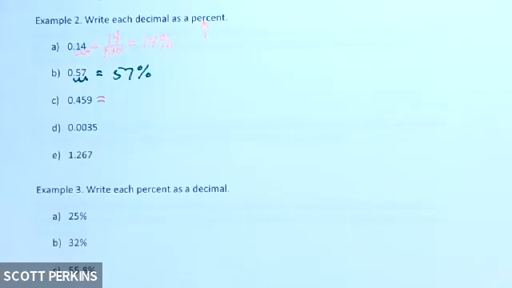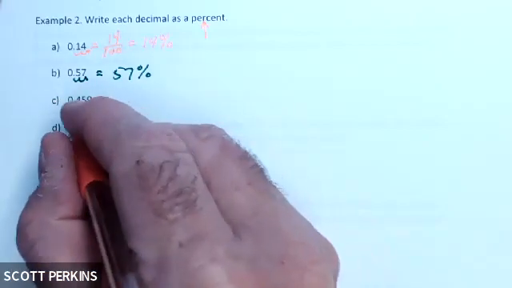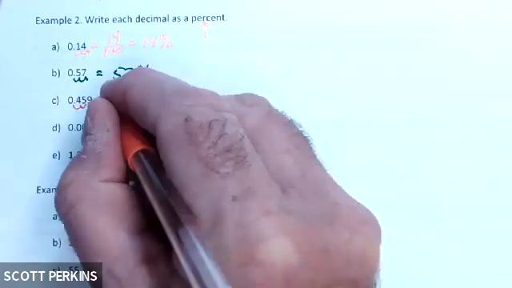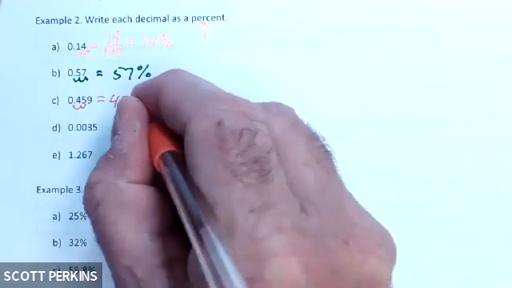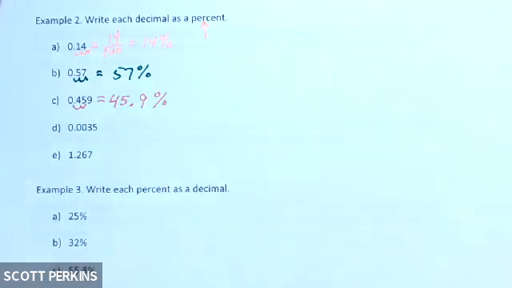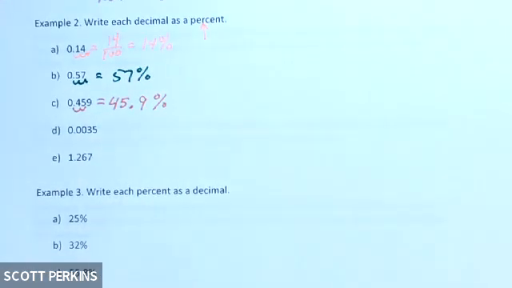When I move the decimal 2 places to the right, what do I get this time for percent? 45. Okay, we're going to move the decimal 2 places, and we end up with 45.9%. Do the D problem and ask a question if you need to ask a question.